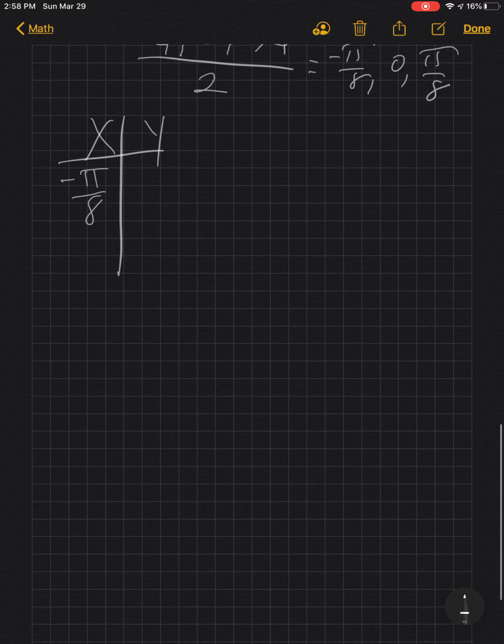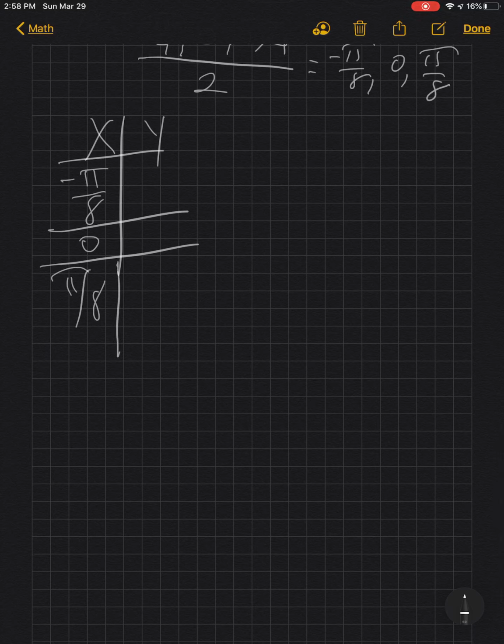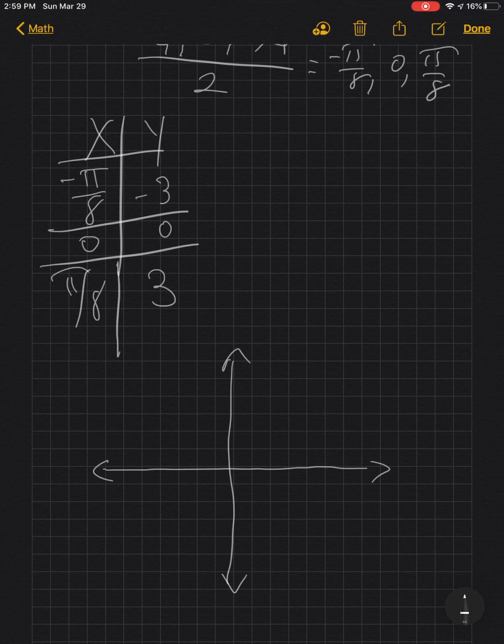So we already know our x's here. And now for our y values, like I said, it would normally be negative 1, 0, 1. But because we have that 3, now it's going to say negative 3, 0, and positive 3. All right. Now we're ready to make our graph. So the first thing I like to do when I make my graph is plot these points.